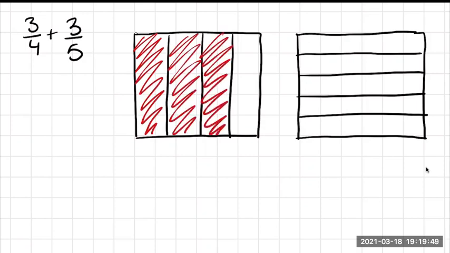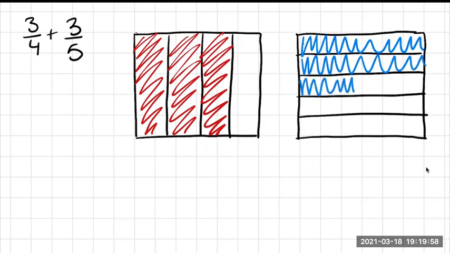So we're going to shade in our pieces now. Okay, so now we need to decompose our fourths into 5 parts. And we're going to decompose our fifths into 4 parts.